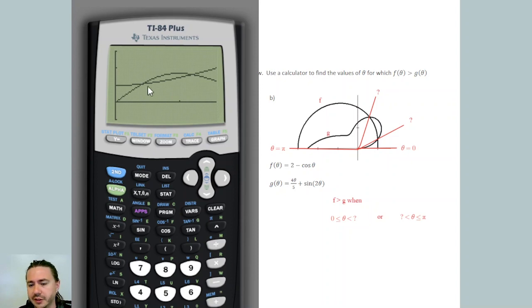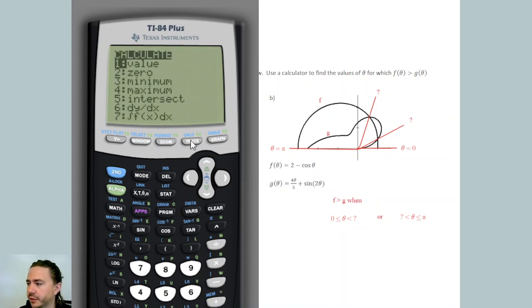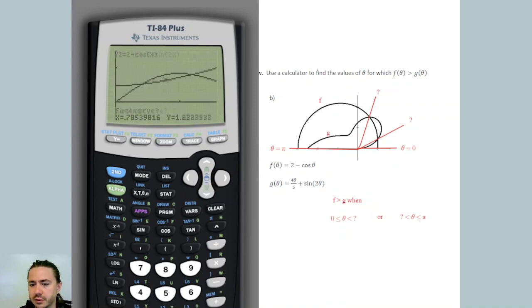Remember that x here is representing theta. So what we need to do is find the two intersections. Let's find the first one. We'll do second calc, find the intersection. Enter, enter, enter. See which one it's going to get for us. Looks like it got us the first one.